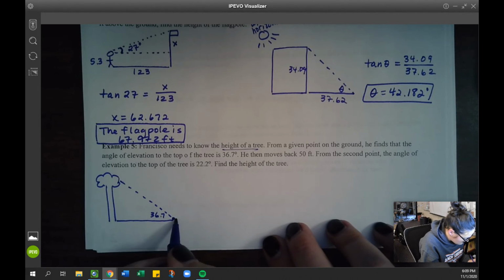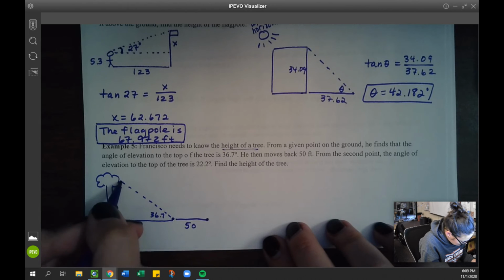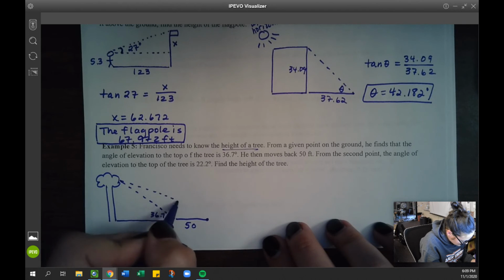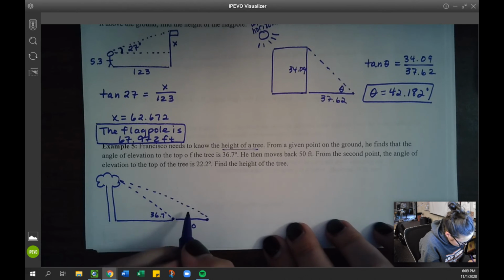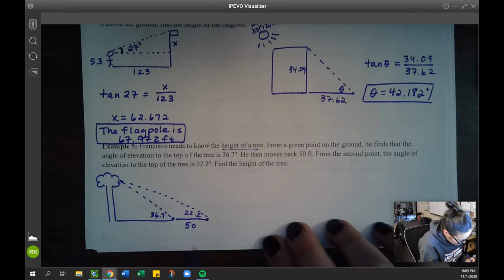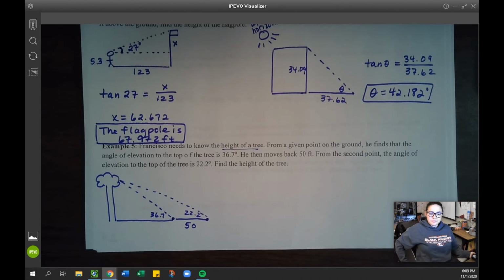Then he moves back 50 feet, and the angle is now 22.2 degrees. So we really have two things that we don't know, which means we're going to have to set up two equations and treat it like a system of equations.